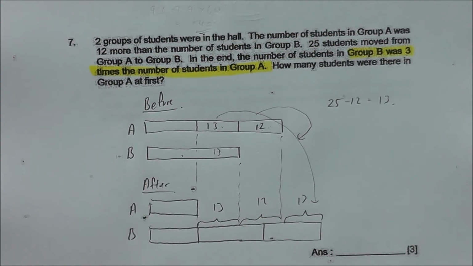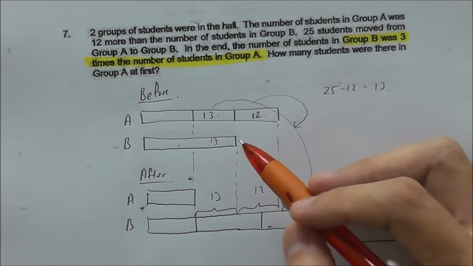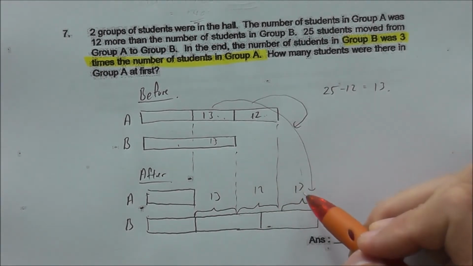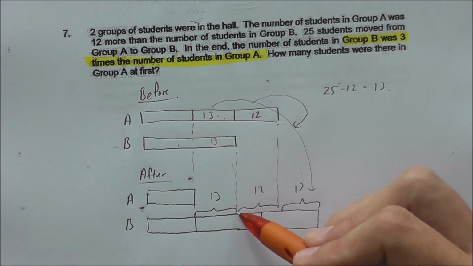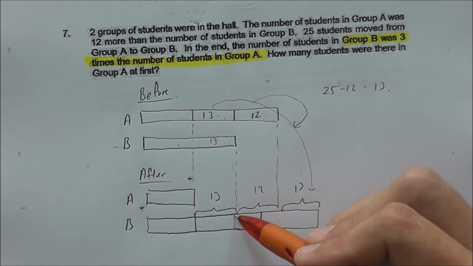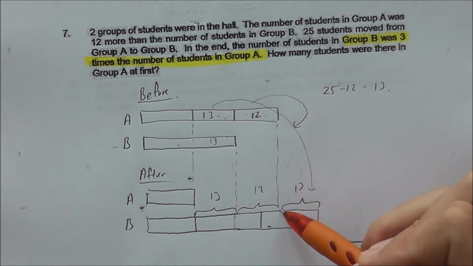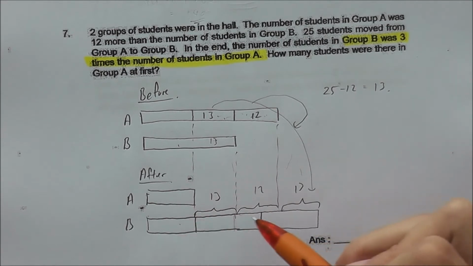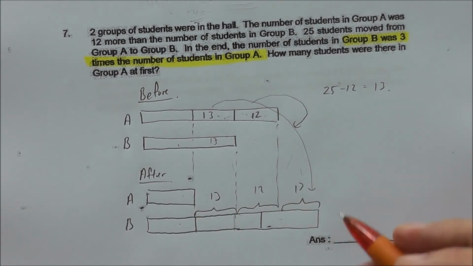You get this? Okay, let me just repeat one more time. This 25 will come over to form this, and B stays the same because there is no decrease in the number of B. So then plus this 25 that comes here, now B has 3 units compared to 1 unit of A. And you can see it very clearly, guys.